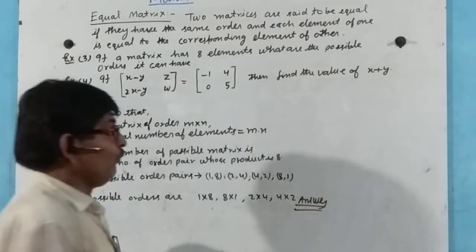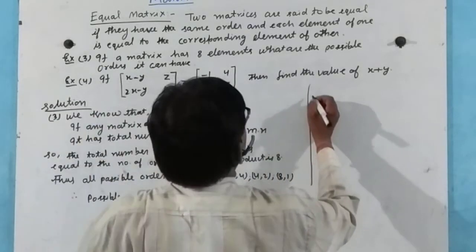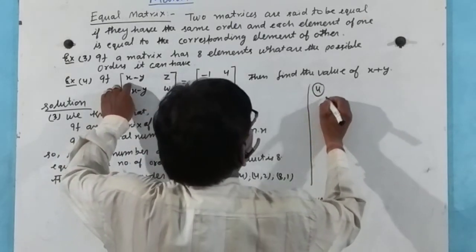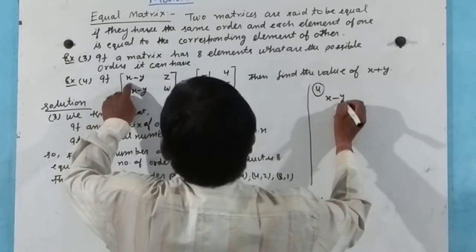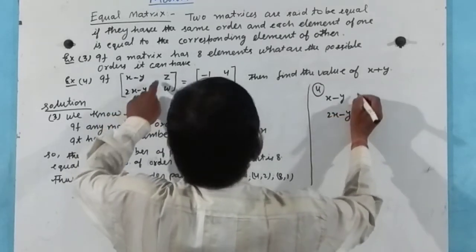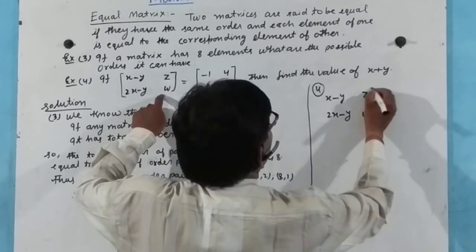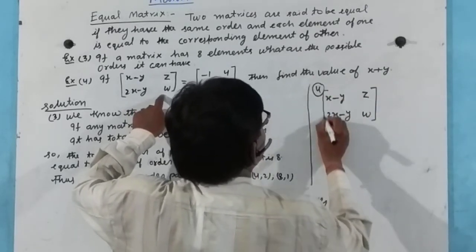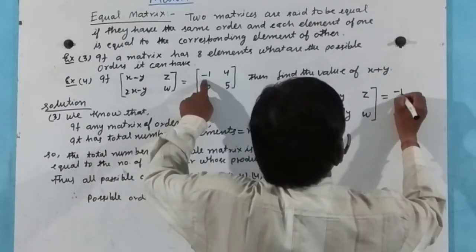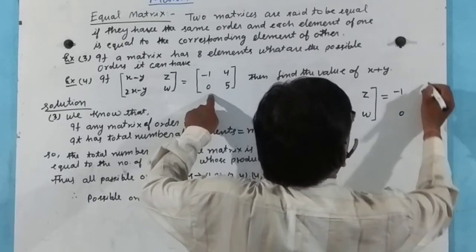Now we see the fourth example here. The matrix with entries x minus y, 2x minus y, z, w is equal to the matrix with entries -1, 4, 0 and 5.